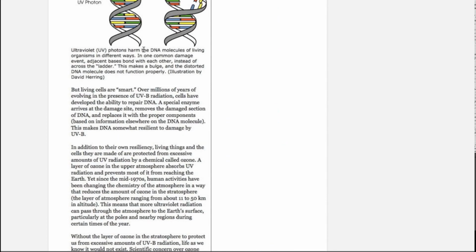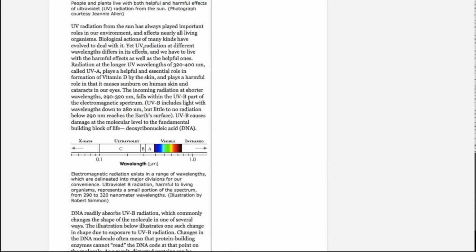If we just recap what sort of the mainstream science says, radiation at the longer UV wavelengths, 320 to 400 nanometers, called UVA, plays a helpful, essential role in formation of D vitamin, and plays a harmful role in that it causes sunburn in human skin and cataracts in our eyes.